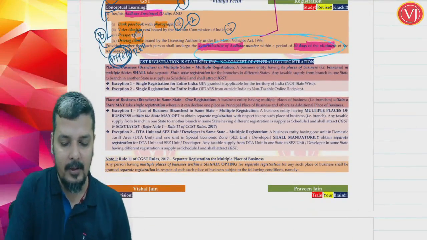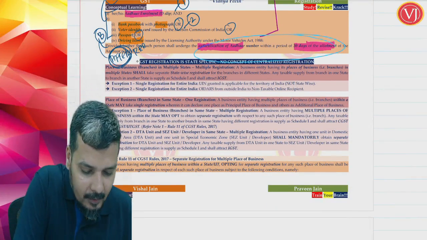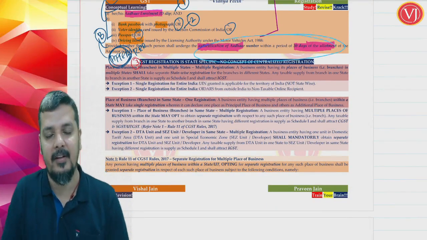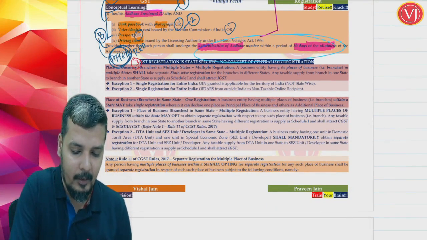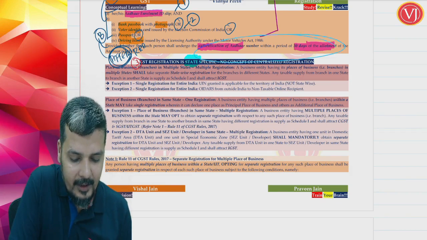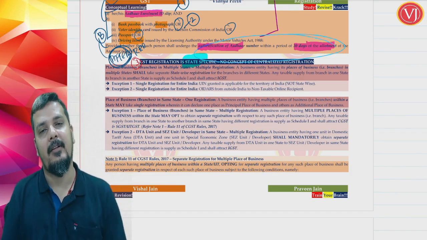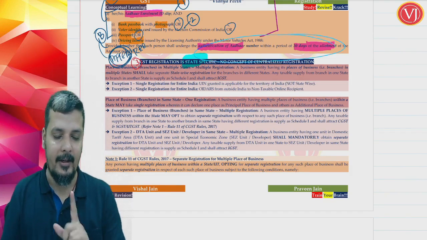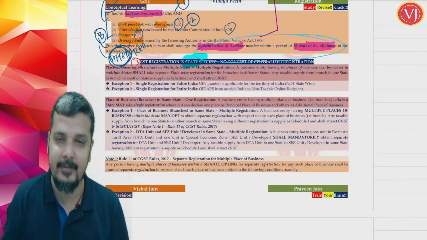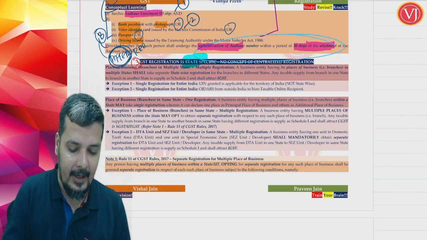Now let us go to the third concept, where you are talking about GST number being state based. One state, one registration. Now, is it possible to have one registration throughout India? Yes.